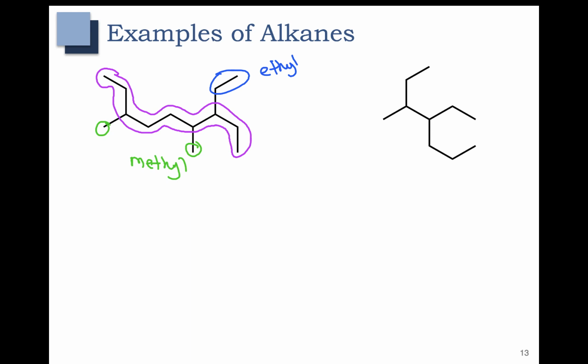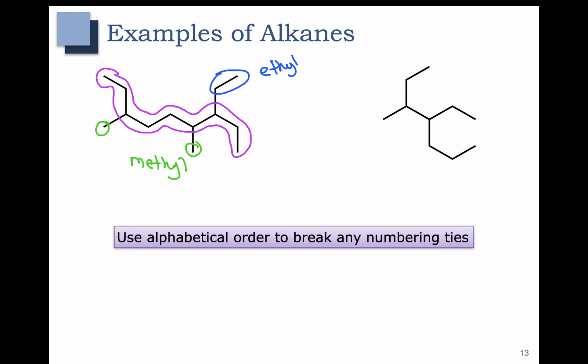In the case where you still have a tie, we can use alphabetical order as a last resort. Okay, that means that we have a 3-ethyl, and then we have a 4,7-dimethyl, because there's 2 of them, nonane.